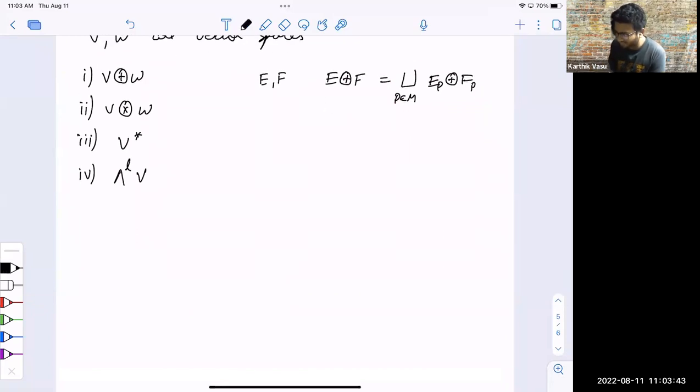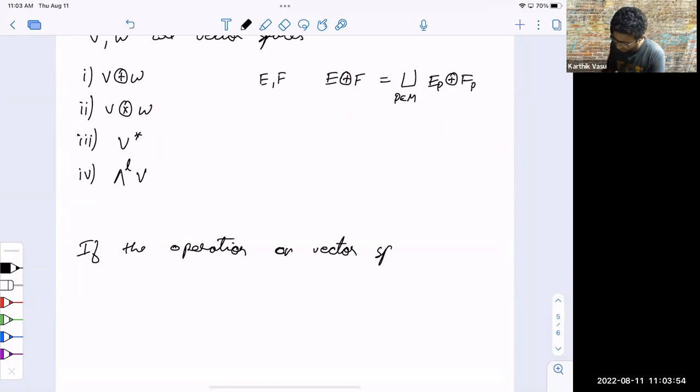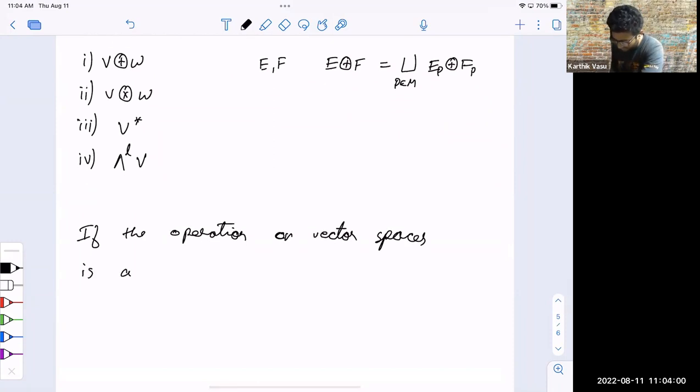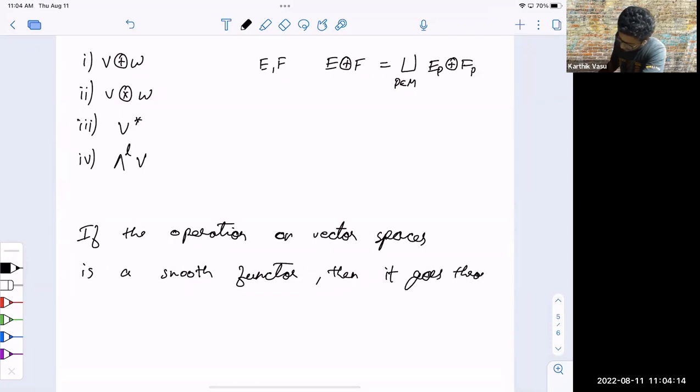A technical way of saying it is that if the operation on these vector spaces is a smooth functor, then it goes through for the bundles, smoothly.